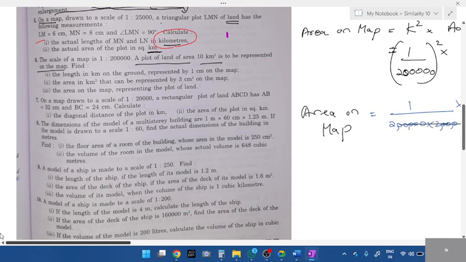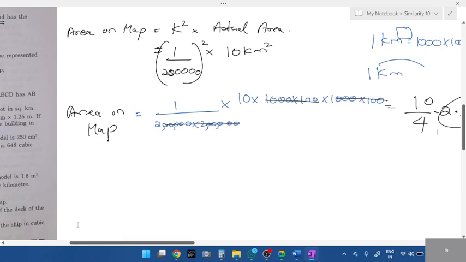Okay, 2.5. Just a minute. The scale of the map: a plot of land of area 10 kilometers square is to be represented on the map. Okay, we got area.